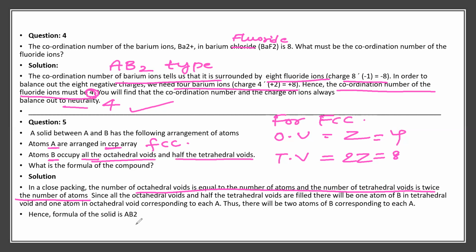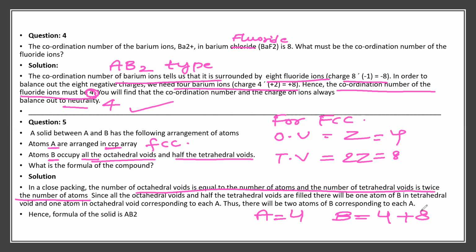This we can also see directly. A solid between A and B has the following arrangement of atoms. A atoms are arranged in CCP, so A is equal to 4. Straight away I am writing here A is equal to 4 in our method of solving. B atoms occupy all the octahedral voids, means B is equal to 4, plus since B is occupying not only octahedral voids but half the tetrahedral voids, B is equal to 4 plus 4, 8.